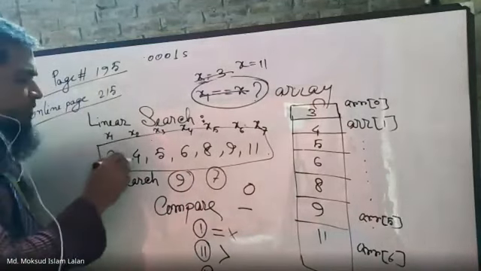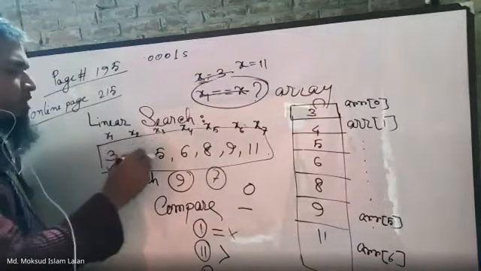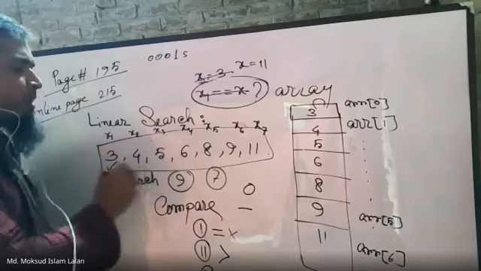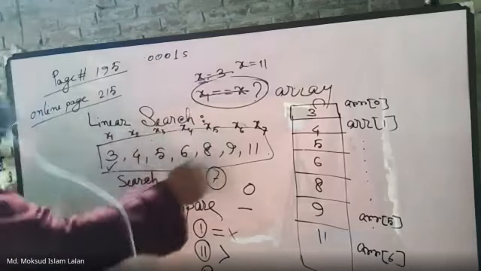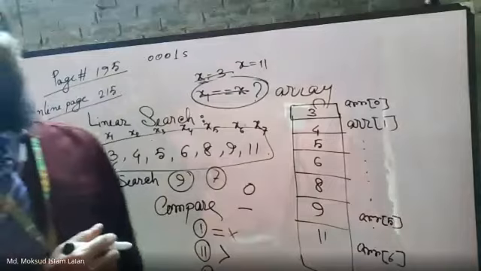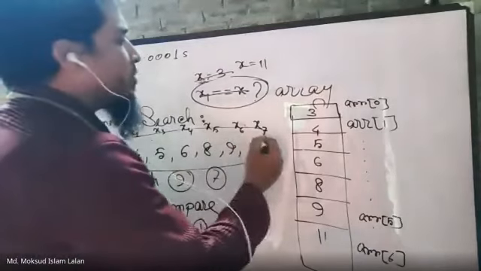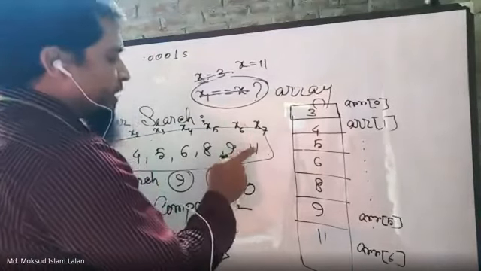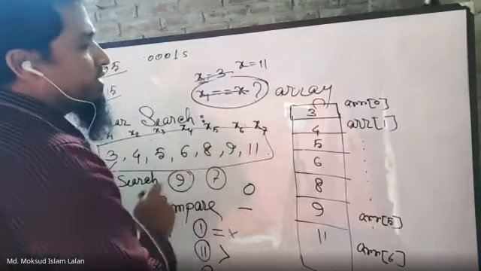There are so many execution lines. You have to compare each and every element, so it will take more time. Am I right? Yes, sir. So it will take more time to find or search 11, right?